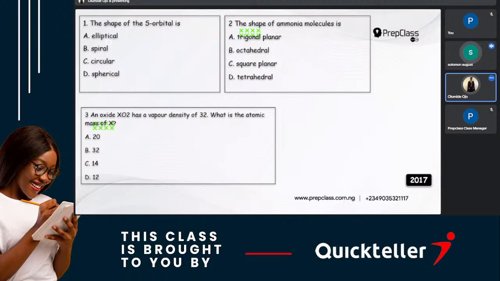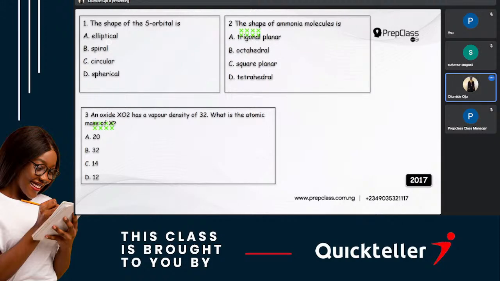Although the answer would be trigonal planar, I know it's trigonal planar, but we are still going to go into that one. Organic chemistry will be our last topic.